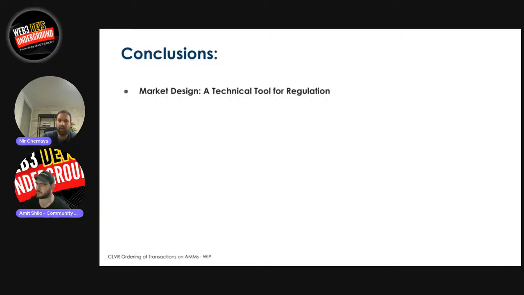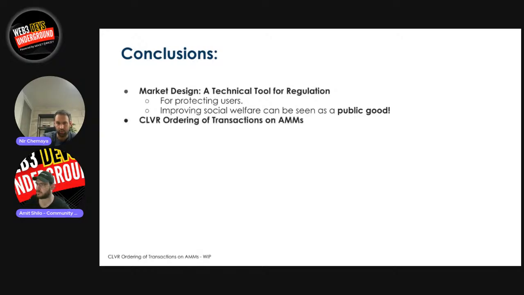You can think about Clever as a way to enforce some regulation to improve ordering rules on AMMs. What is nice is that if you use these kinds of tools, you end up protecting users, which is the same as regulation, and also improving welfare for all users, which regulation also tends to achieve. So this is a new way to think about regulation, in the sense that you come up with market design as a solution for regulatory issues.